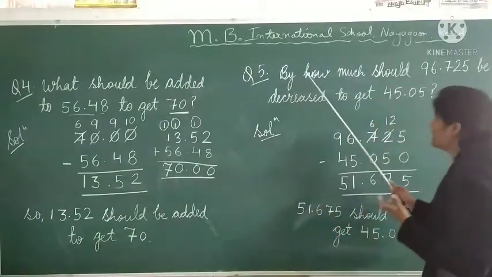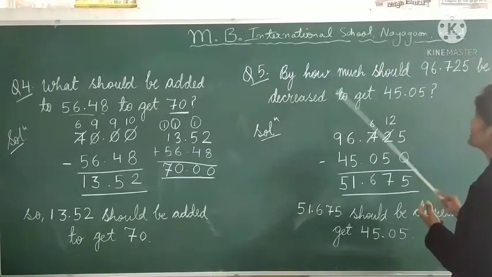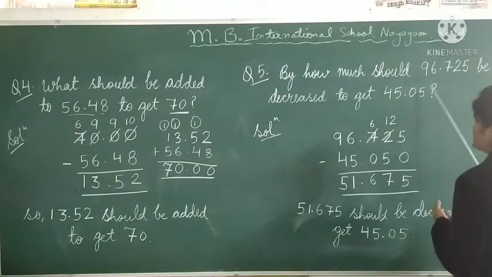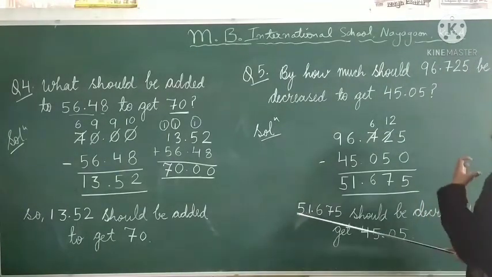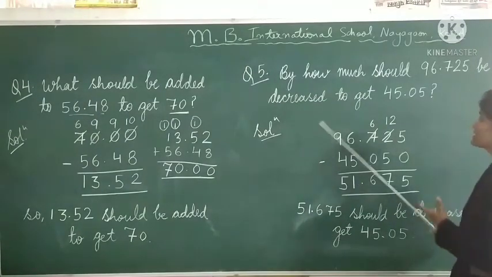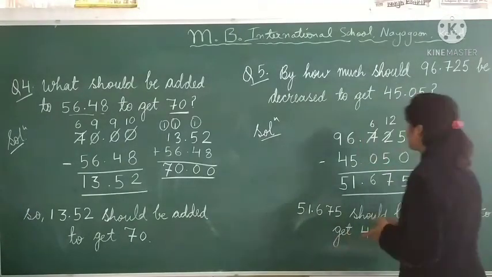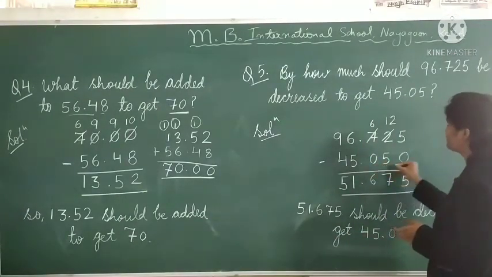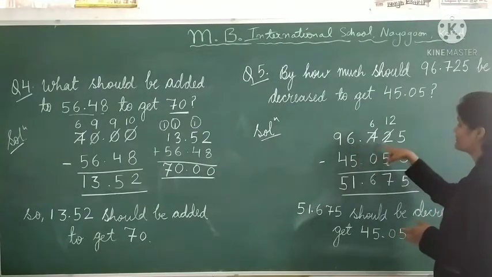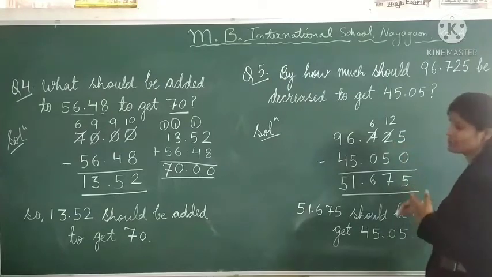Question number 5. By how much should 96.725 be decreased to get 45.05? Now आप 96.725 में से किस नंबर को माइनस करेंगे कि आपका आंसर क्या आ जाए? 45.050. So now start subtracting 45.050 from 96.725. 5 minus 0 is 5. 2, we cannot subtract 5 from 2.